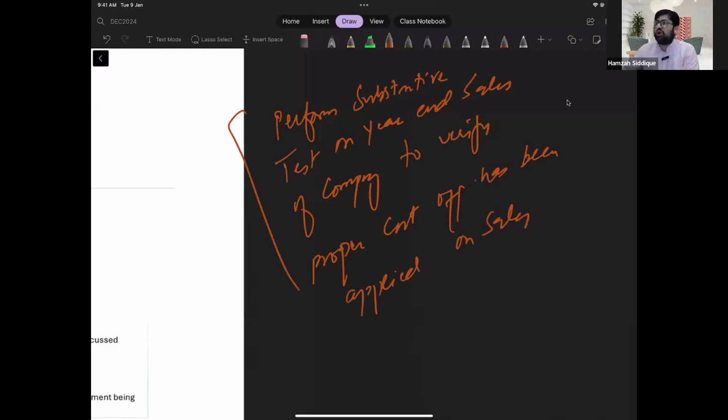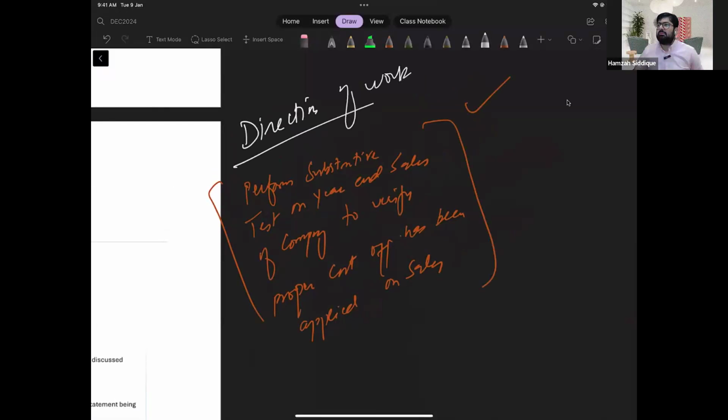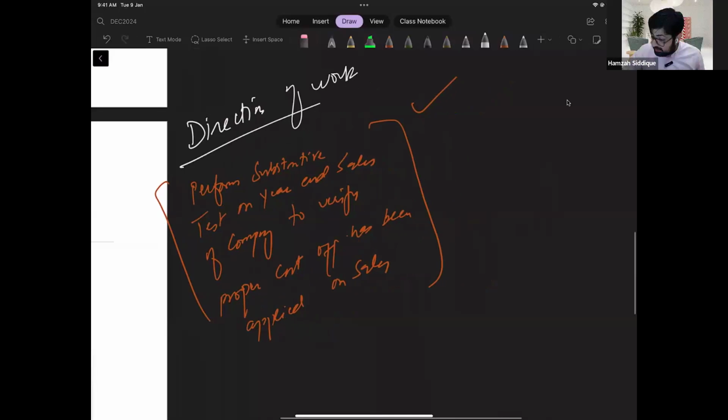Now, this is not a substantive test. This statement cannot be. It is direction of work. Simple. Another example, third example, direction of work.